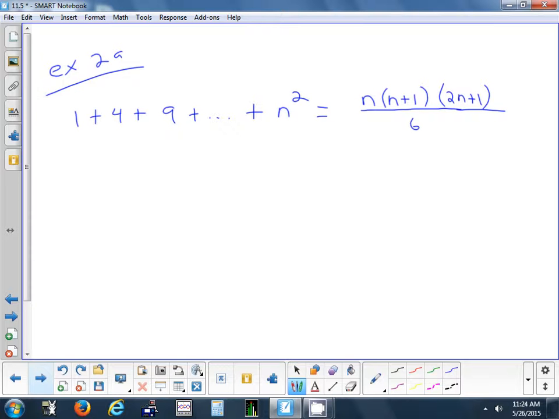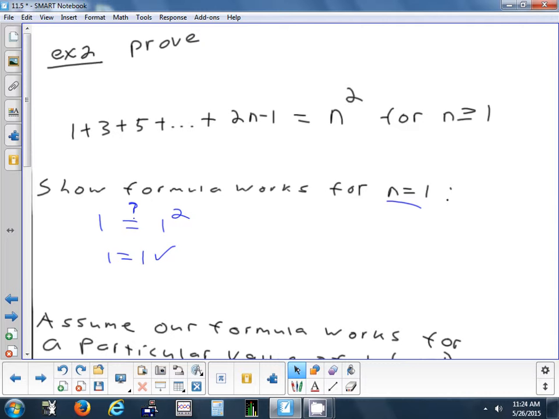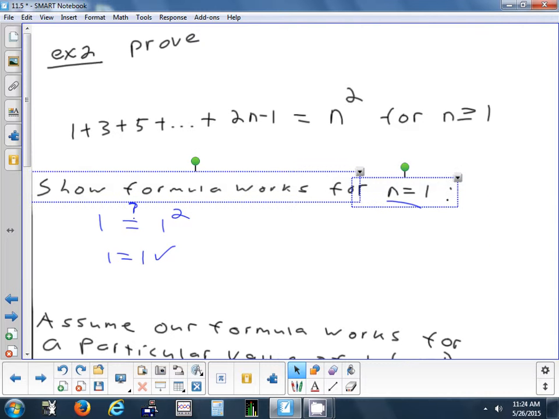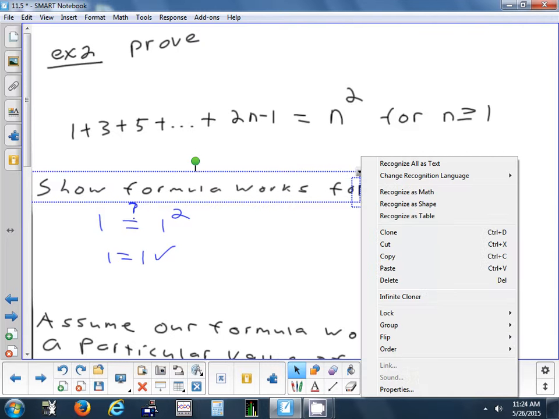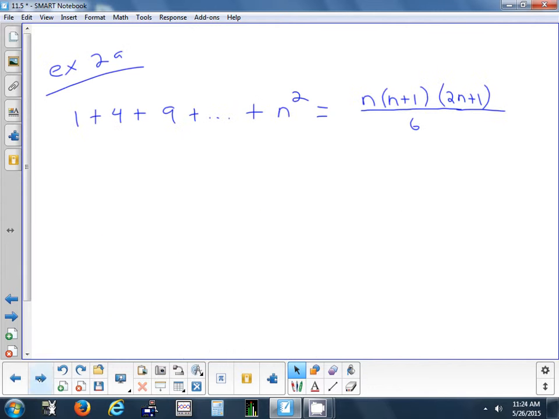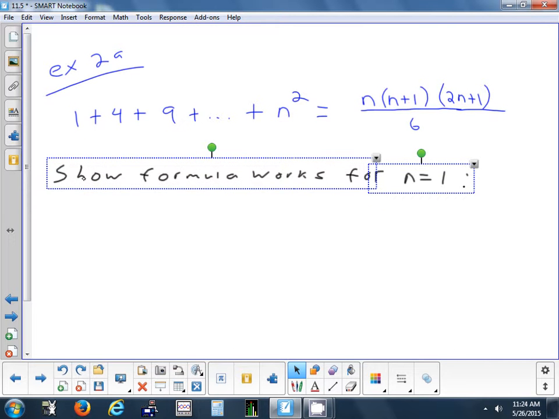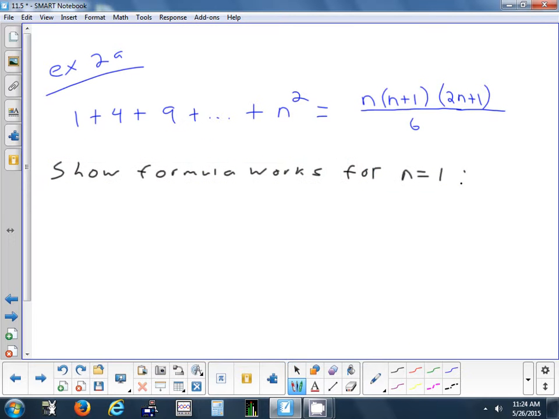Okay, so first thing we want to do, show that this formula works for the base case. Okay, so I'll just copy this. Okay, I'm going to show on paper that it works for the base case, but then in my head, I'm going to check it for maybe when n equals 3 and make sure we get the right number.